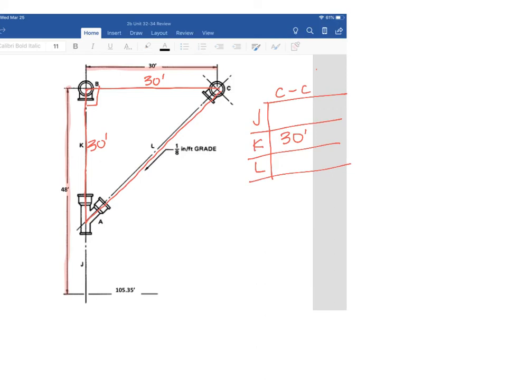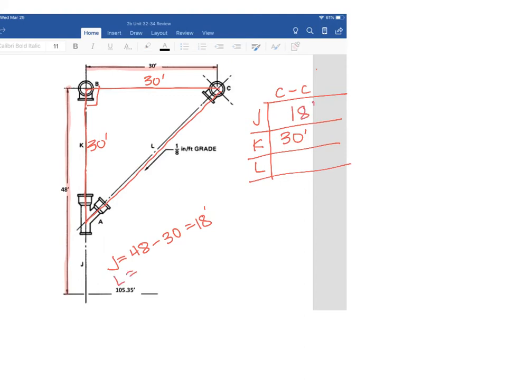Okay, so we can easily figure out what J is, because 30 plus J is 48. So to figure out J, I'm just going to take 48 and subtract off 30, and it's going to leave me with 18 feet. So J is 18 feet.